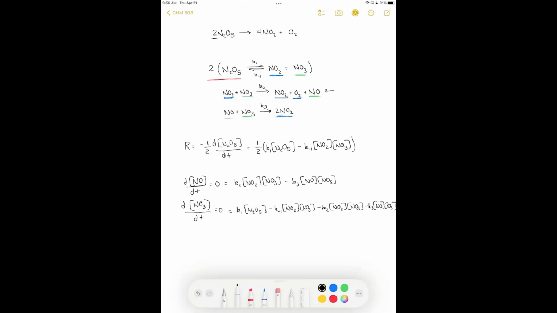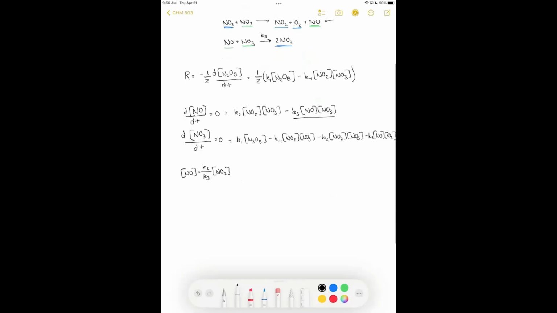So these two expressions tell us how NO and NO3 are produced and consumed. We can rearrange these equations. If we rearrange this first equation here, we can add this term to the other side and divide by NO3 to find that the concentration of NO is simply equal to K2 over K3 times the concentration of NO2. With the other reaction, what we can do is bring all of these to the other side of the reaction.